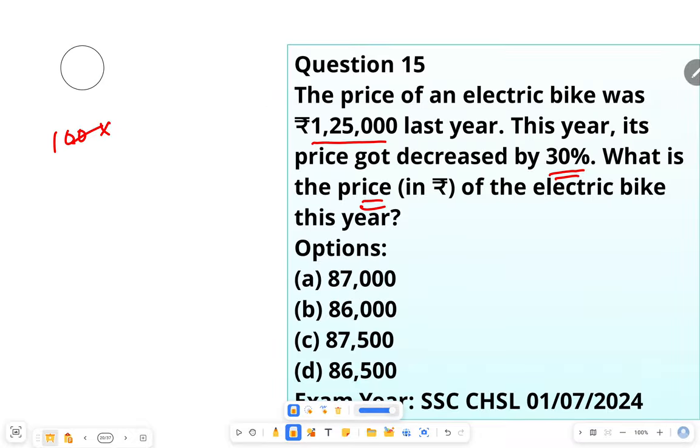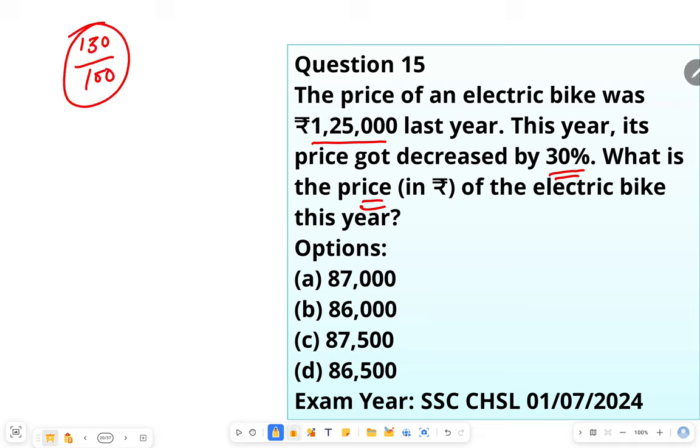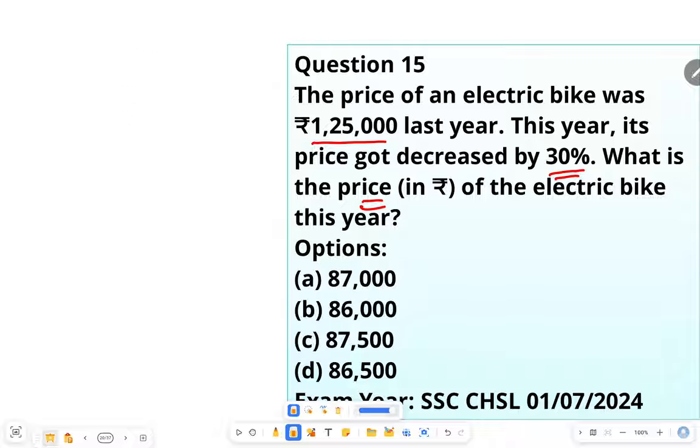And instead, if I tell you that you had 100 rupees and you didn't get an increment, but this time you got a loss, and your money got reduced by 30%, then how much will you have? You are very intelligent. You saw that when it was increasing, it was 130 divided by 100, right? Now you will say, sir, this is not increasing, this time it is decreasing. How much will you write?